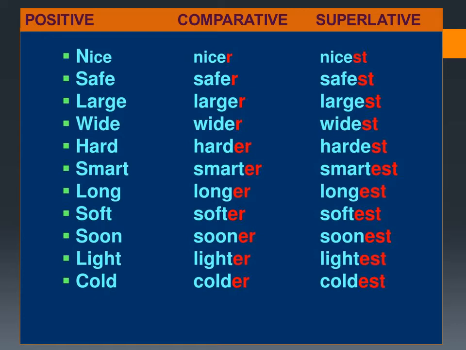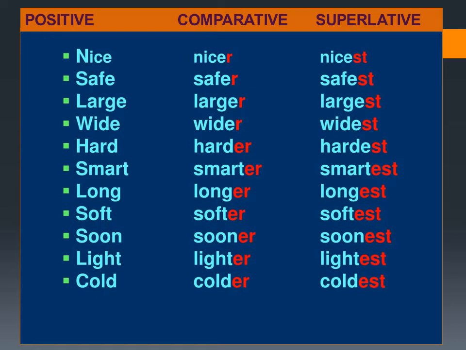Now, if you look at the examples, children, nice is changing to nicer in comparative degree. So, what is the change here? ER. Safe, safer. Large, larger. Wide, wider. Hard, harder. Smart, smarter. Long, longer. Soft, softer.